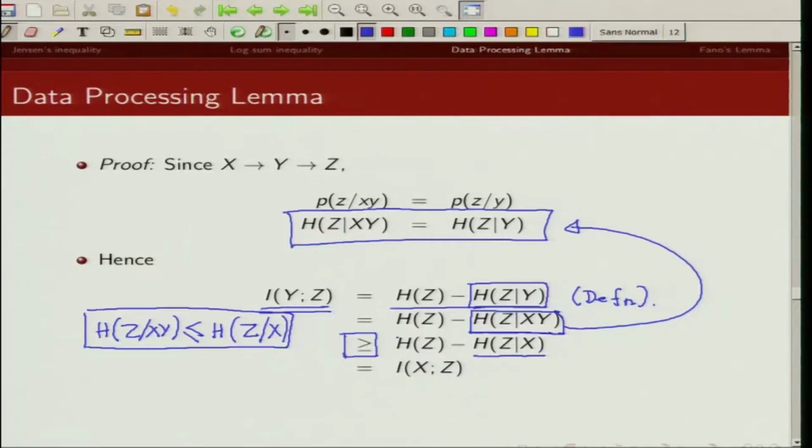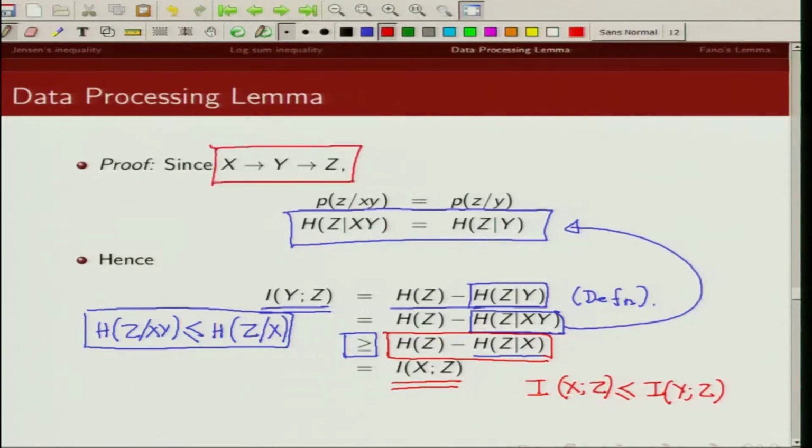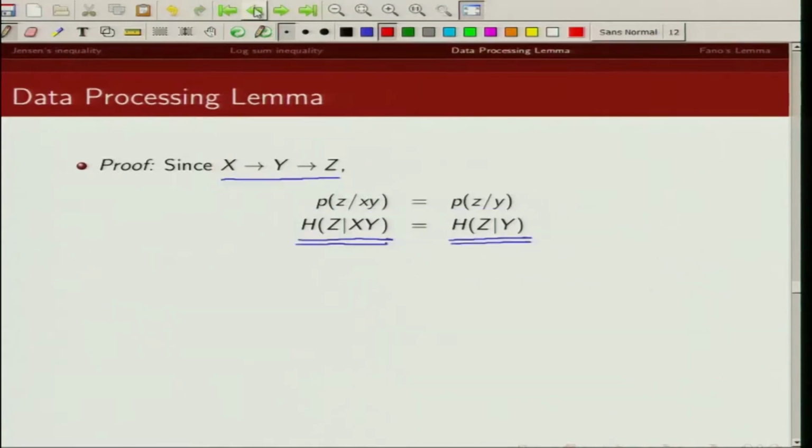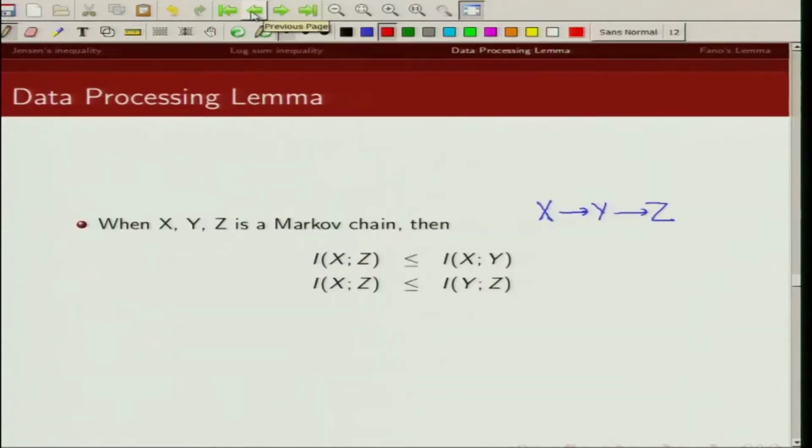Okay, and what is this term? Uncertainty in z minus uncertainty in z given x, that is, from the definition, the mutual information between x and z. So what I have shown you is that mutual information between x and z is less than or equal to mutual information between y and z, when x, y and z form a Markov chain. So I have proved this result.